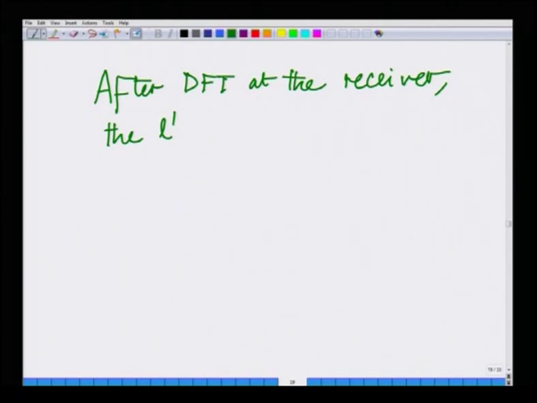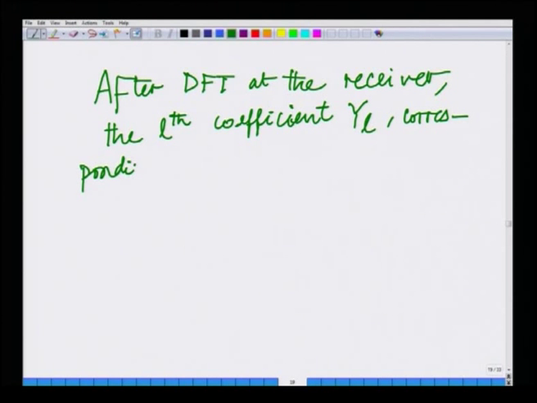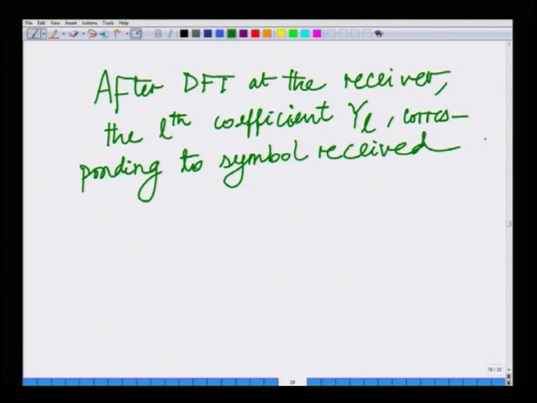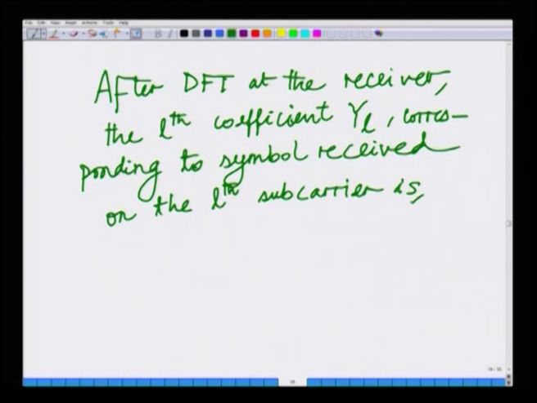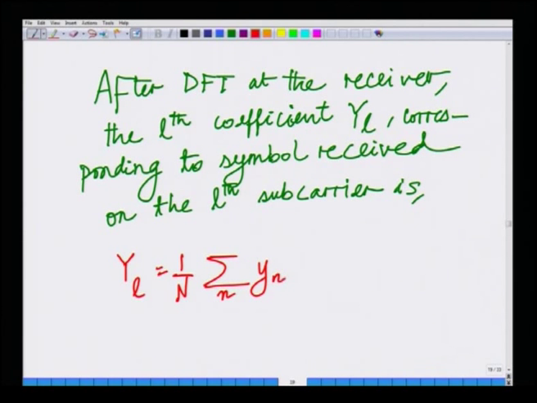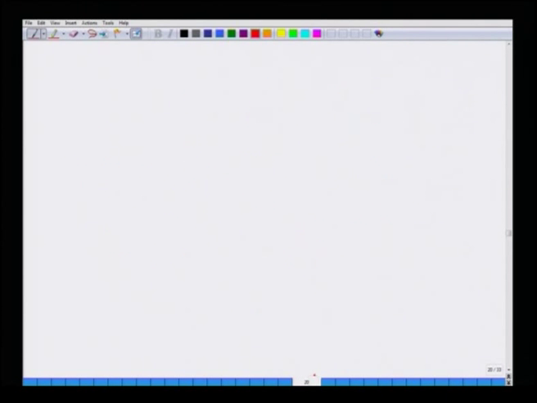The Lth coefficient Y_L, corresponding to the symbol received on the Lth subcarrier, is given by the same expression: Y_L equals 1 over N summation y_n e^{-j2πnL/N}, that is the Lth coefficient after the FFT.